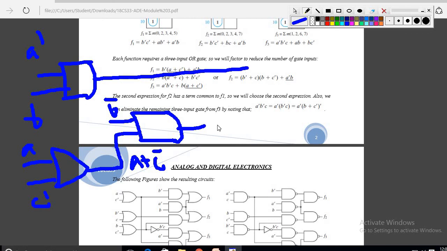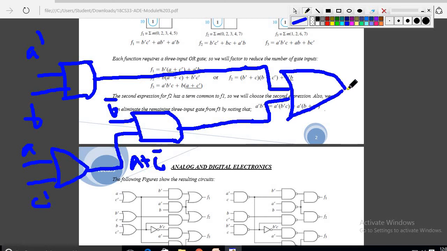So what is the input of these two? a bar b, and plus means OR gate, b bar into a plus c bar. So now this becomes your f1. Like that you have to write f2 and f3.